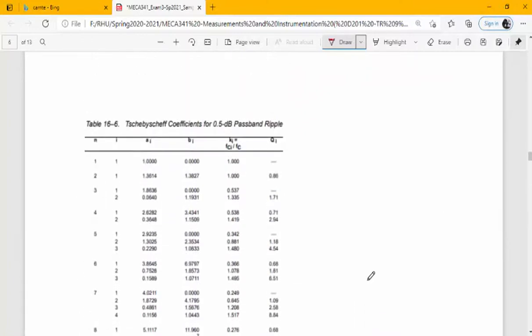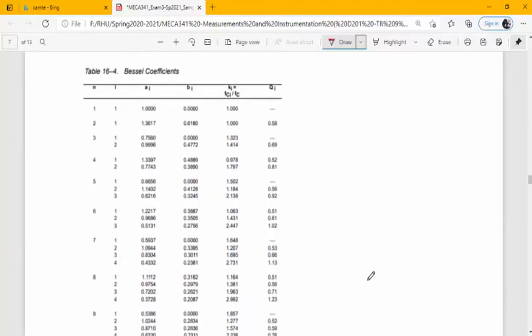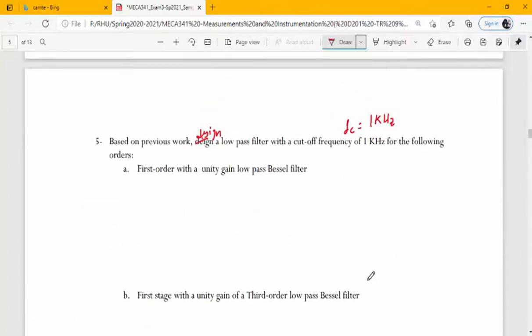So we can refer to tables, okay, of the passive. This is for Chebyshev. This is for passive filter. Those are the coefficients of the first order passive filter, okay, low pass filter. So A1 is equal to 1 and B1 is equal to 0, okay. So A1 is equal to 1.